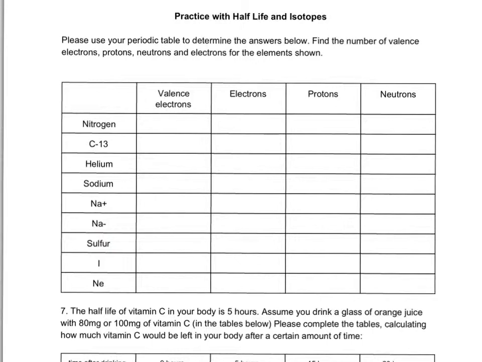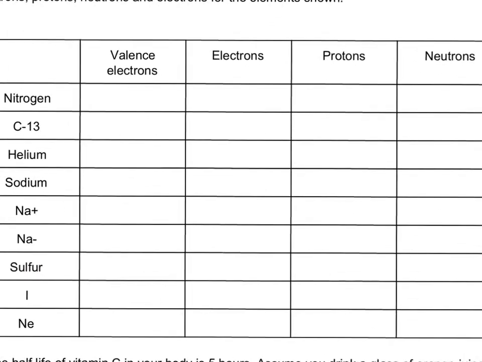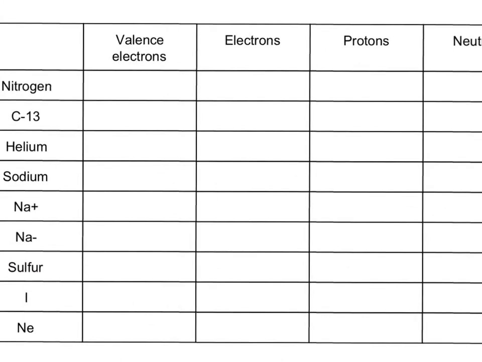Alright, looking at your periodic table, nitrogen is element number 7, meaning it has 7 protons, and if you look at the atomic mass, it says 14.007. Let's zoom in here, so we're on nitrogen, number of protons will be 7.